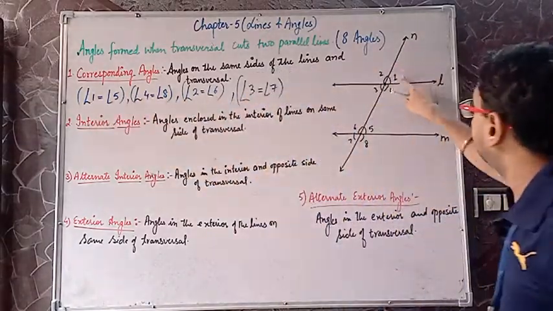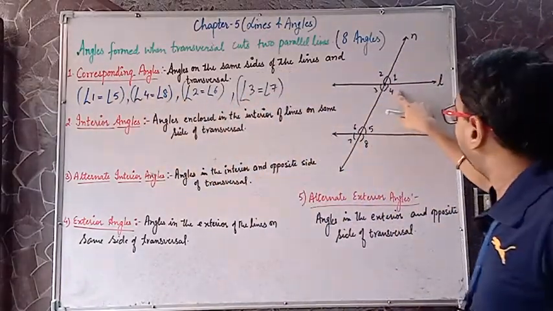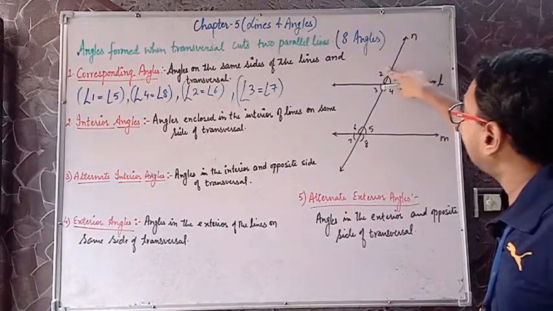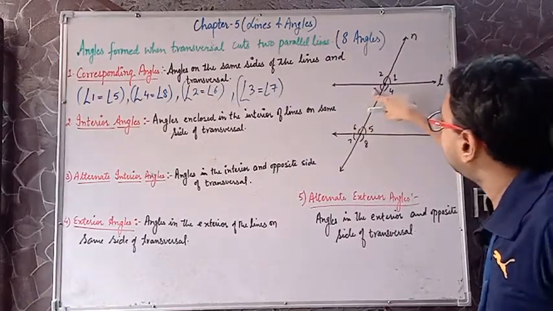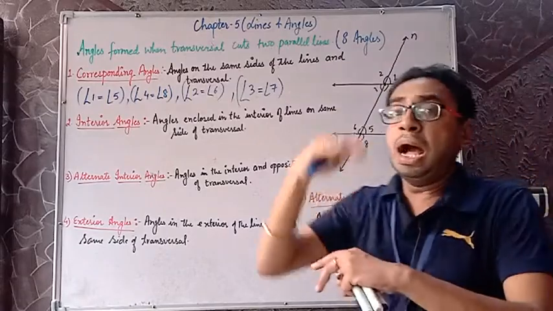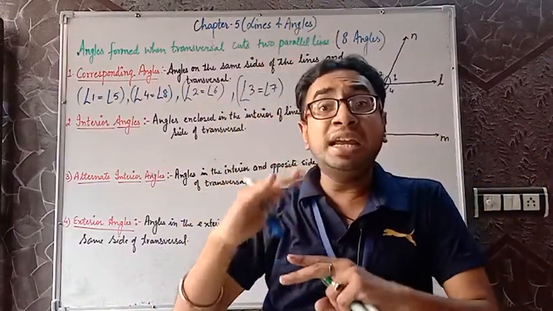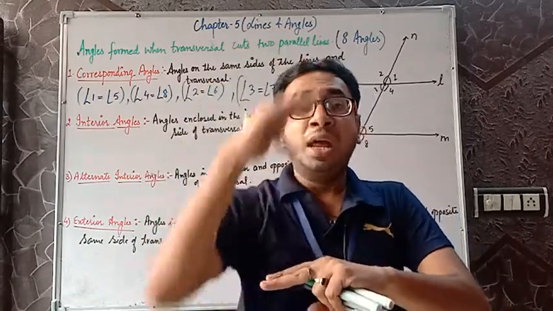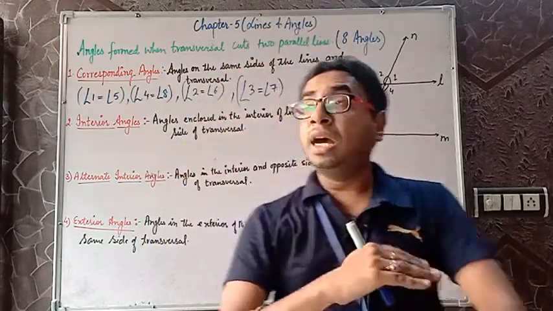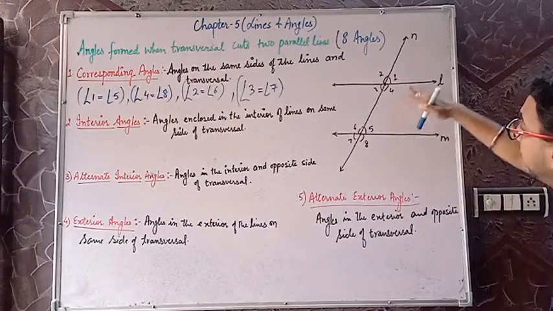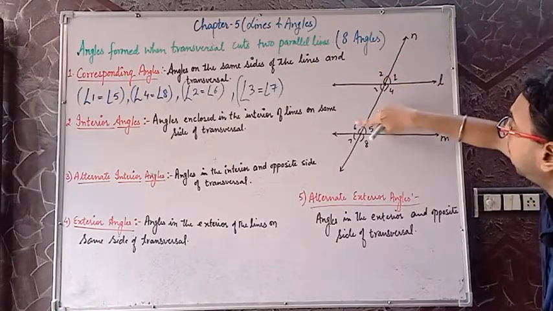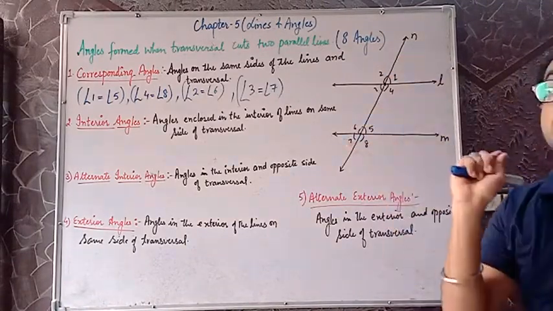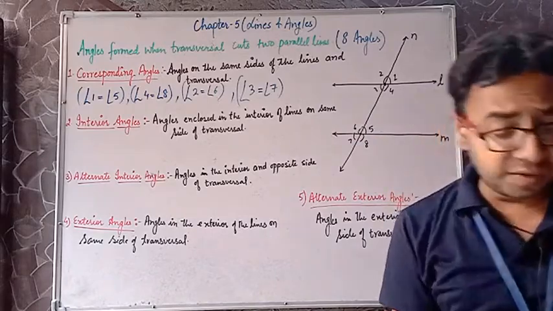Angle 1 equals angle 5, angle 4 equals angle 8, angle 2 equals angle 6, angle 3 equals angle 7. Up, up, down, down. This is what corresponding angles are. Please understand it very carefully.